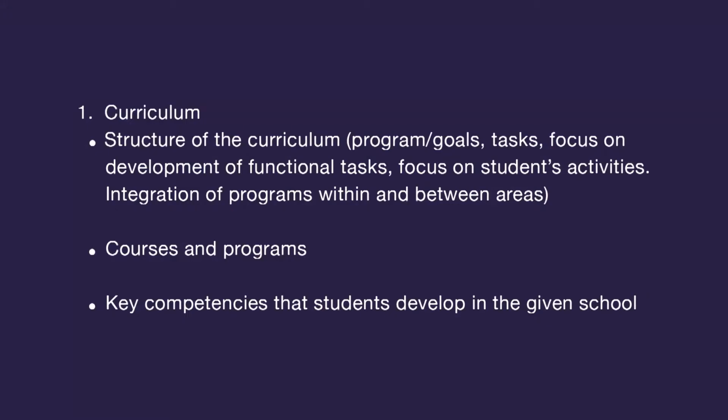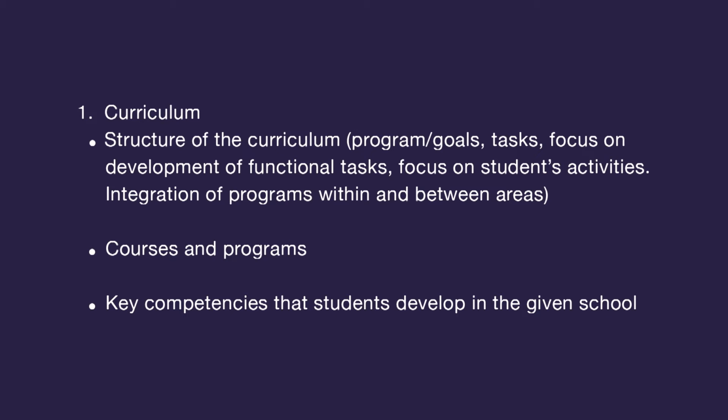The first is curriculum, under which come the structure of the curriculum, program or goals, tasks, focus on development of functional tasks, focus on students' activities, integration of programs within and between areas.